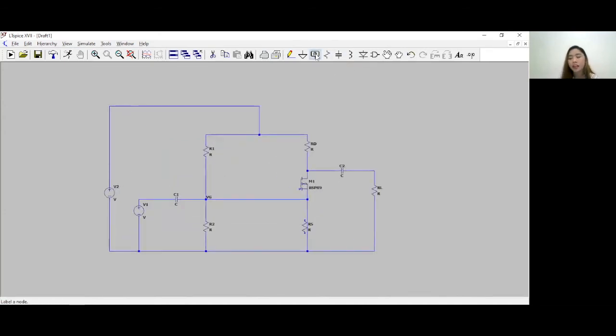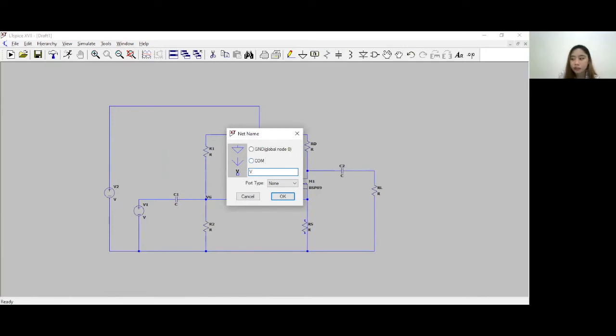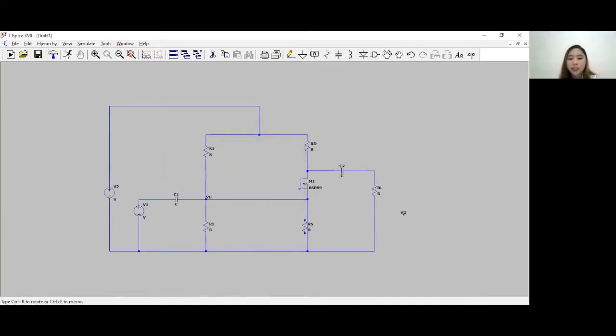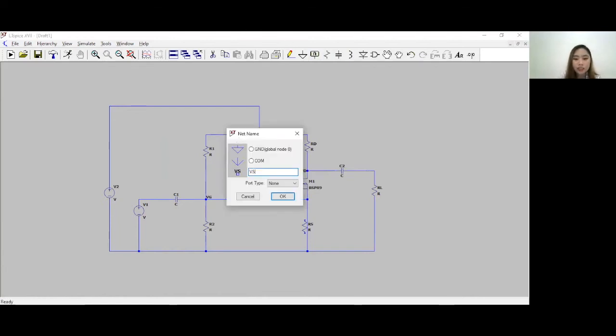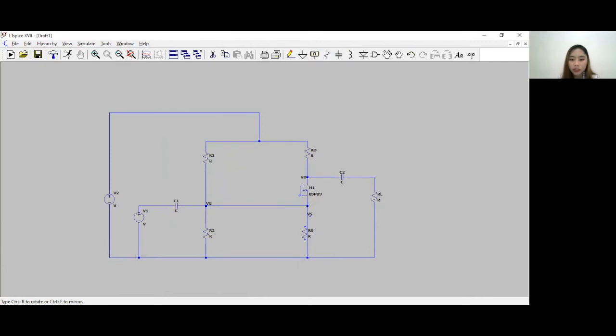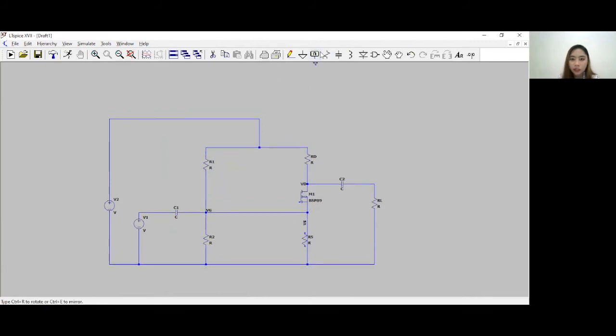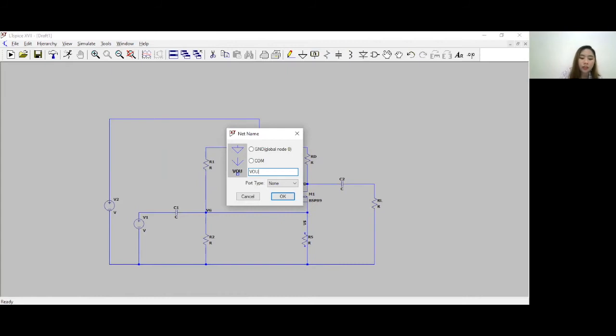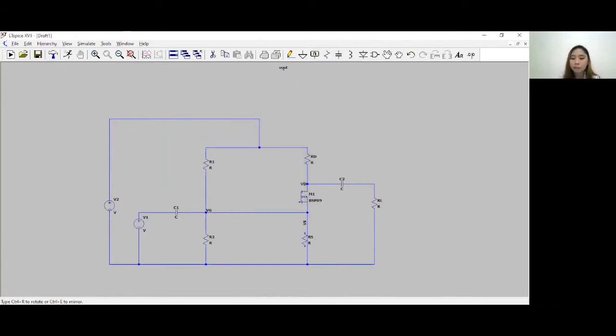We will also add the VD and place it in here. We will have the VS, place it here. We will also have the Vout or the voltage output. And we will also have the voltage input.